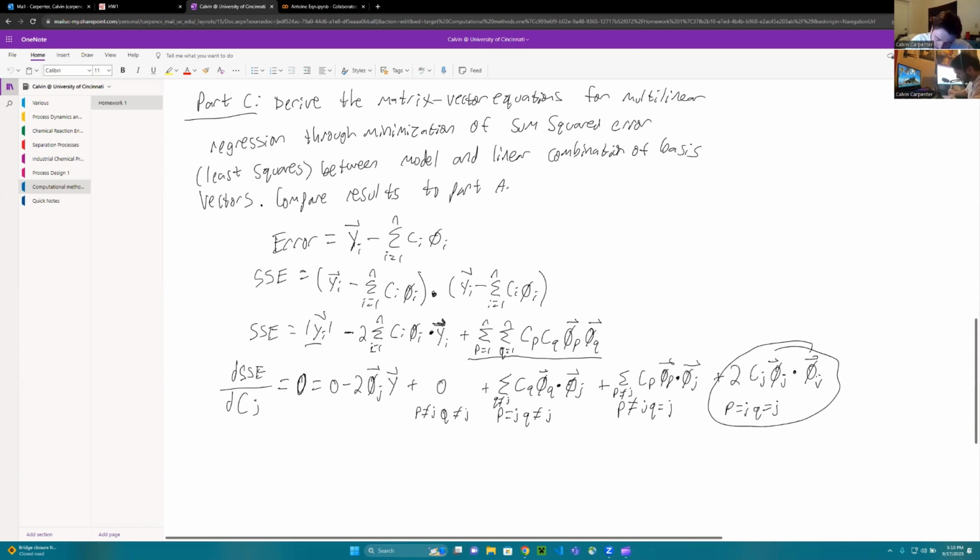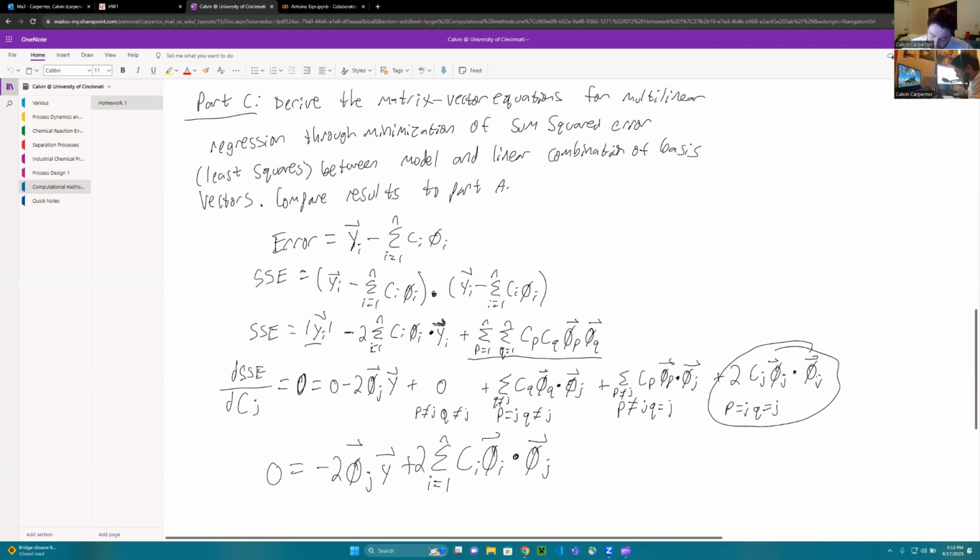So we will be left with 0 equals -2 phi j y plus the summation of, sorry, there's going to be 2 of these, and they're going to be 2 identical summations. So we're going to have ci phi i dot product with phi j. At this point, you can bring it from 1 to n.